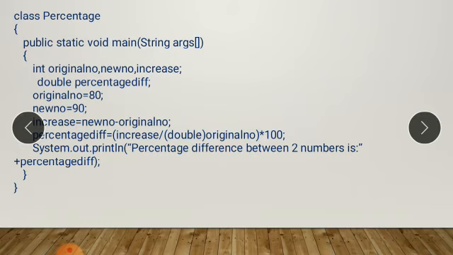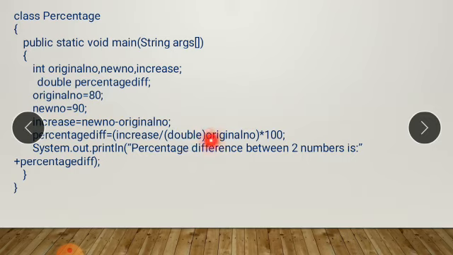The difference from the original number to the new number, whatever we get, we write in the numerator, and in the denominator we write the original number, and this has to be multiplied with 100. Then we will get the percentage difference.